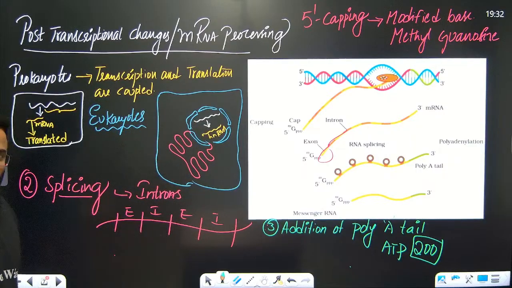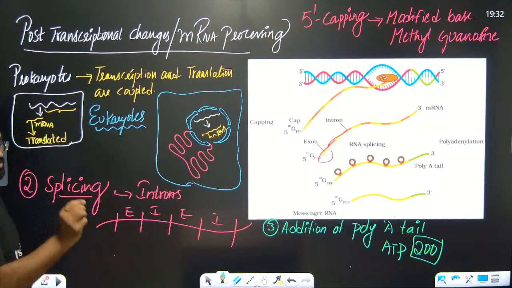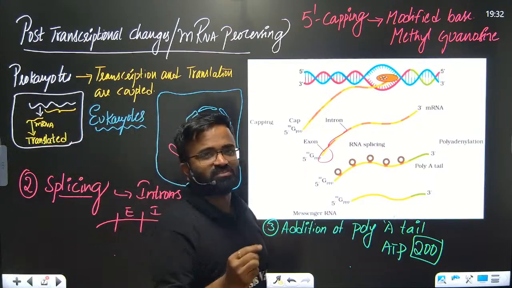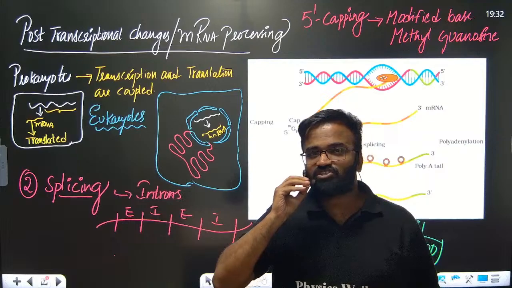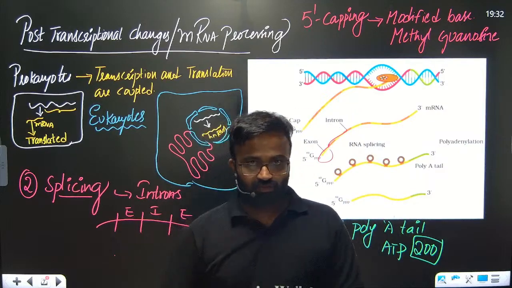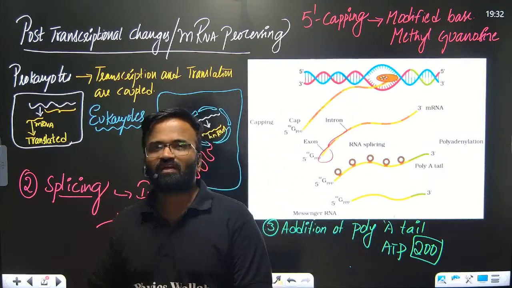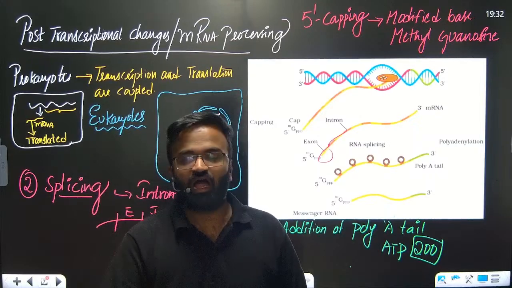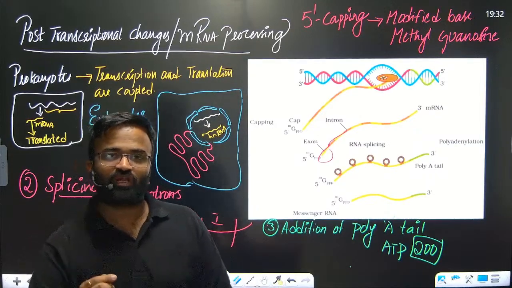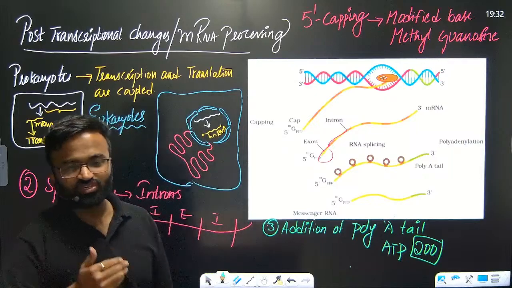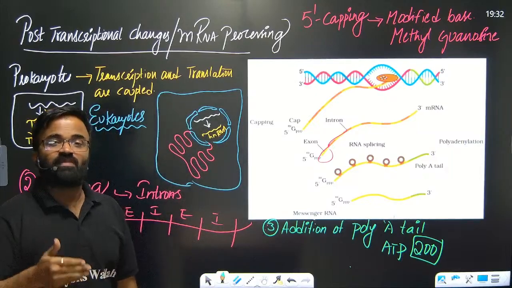Am I clear, guys? So in case of eukaryotes, after transcription, the RNA is not quite ready to undergo translation. So we call that an hnRNA, heterogeneous nuclear RNA, which undergoes several changes to become mRNA.